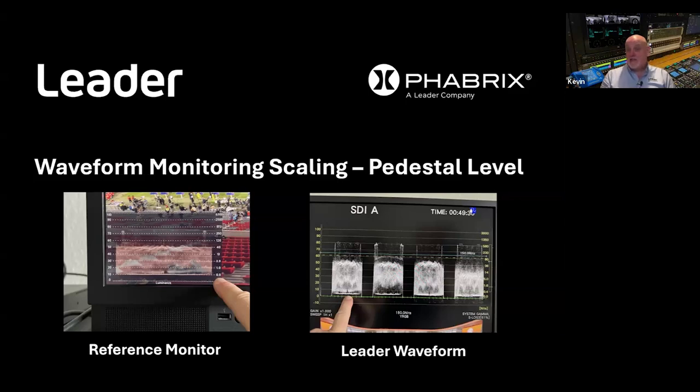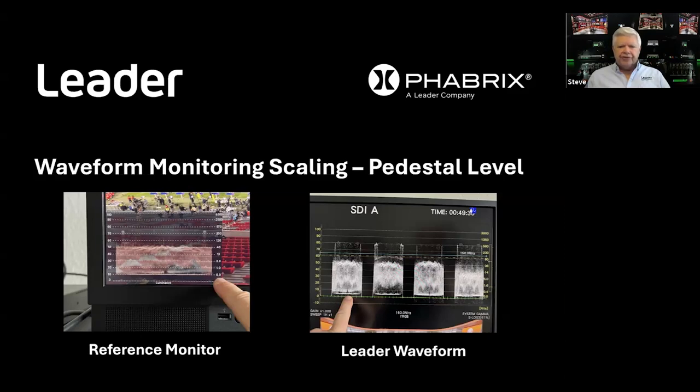This was for an HDR production, and it's sitting a couple of percent above black, which is pretty much how most camera shaders set them up. Yet if you look at the reference monitor on the left, it's sitting at 0. Who's right? It just doesn't have the bit depth resolution to resolve the differences.